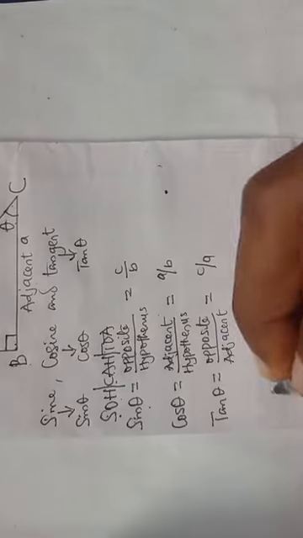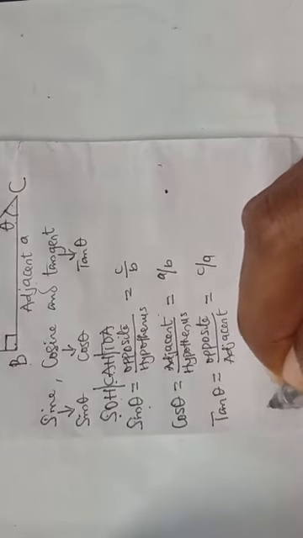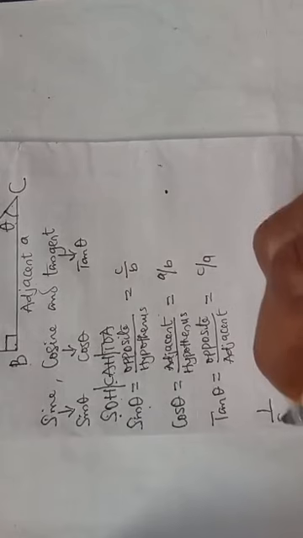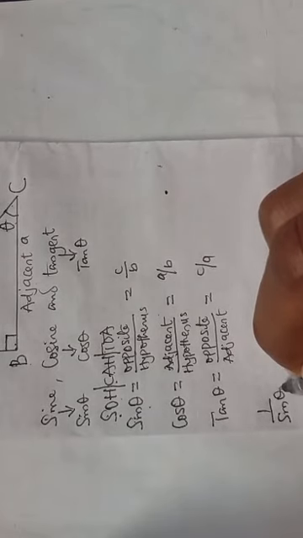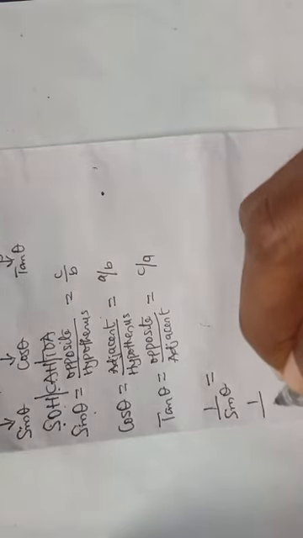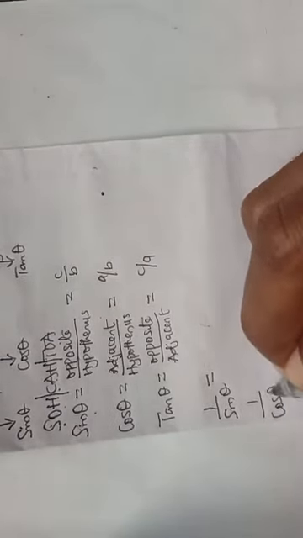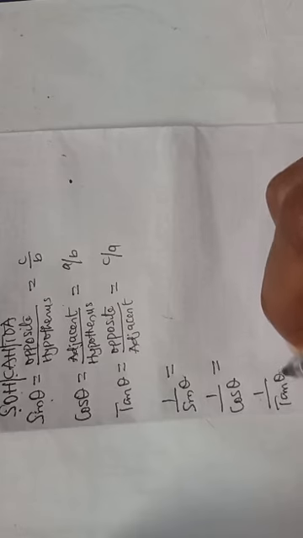Inverse means if I write 1 over sine theta, then another one is 1 over cos theta, and another one is 1 over tan theta.